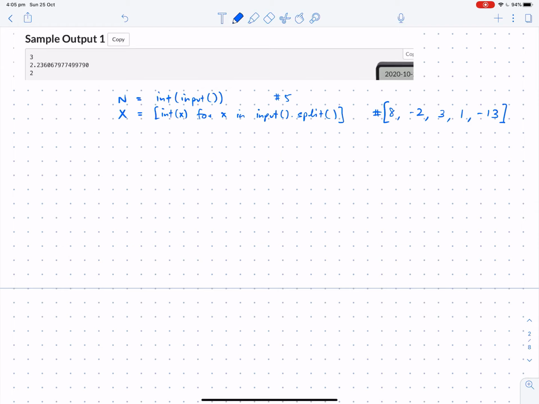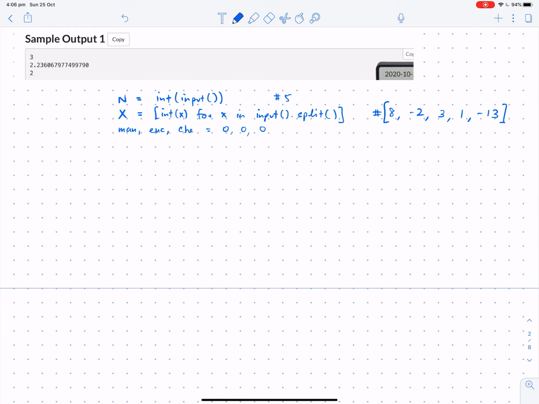Okay, and so now we're going to go through the list exactly once and build up what we need as we go. So let's start by setting our answers all to 0. So we can have the Manhattan, the Euclidean, and the Chebyshev distance all 0, 0, 0.